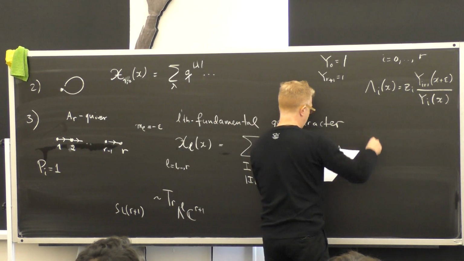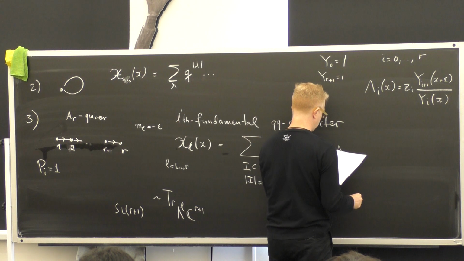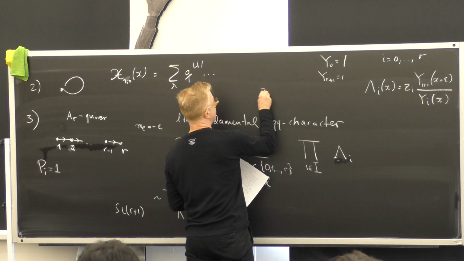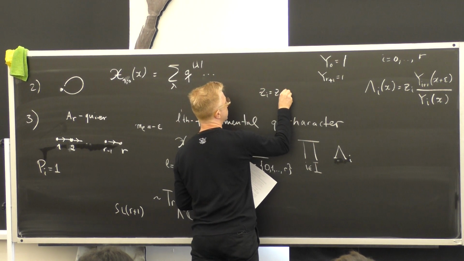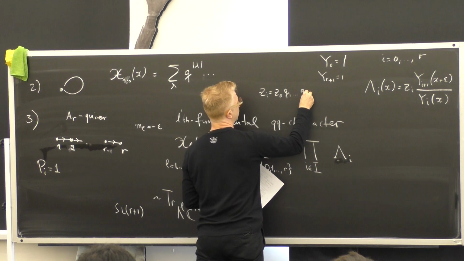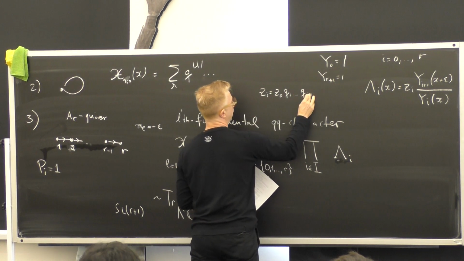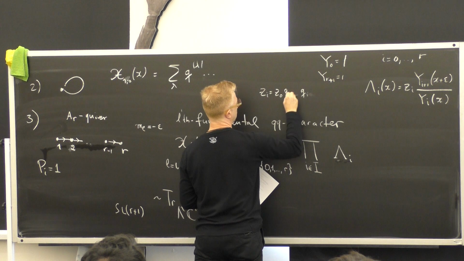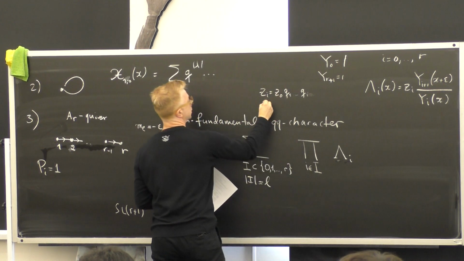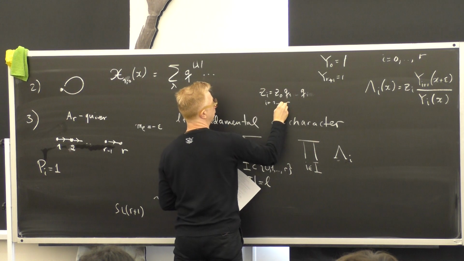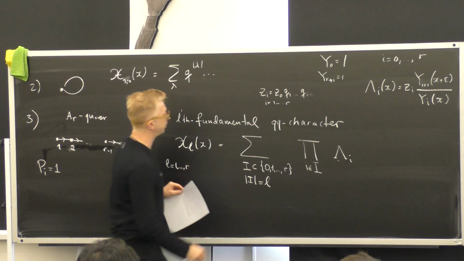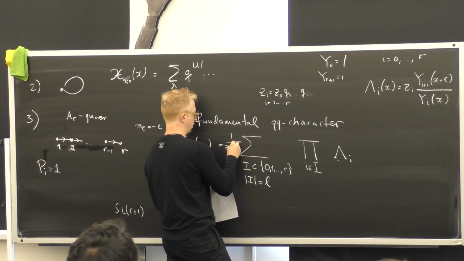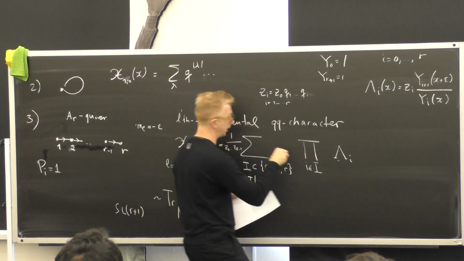And now the z_i's are redundant variables, so it's z0 times q1 up to q i minus 1, i from 1 to r. So these z variables are defined up to the overall scale. So there is this 1 over z0 up to z l minus 1. So z0 will actually cancel.